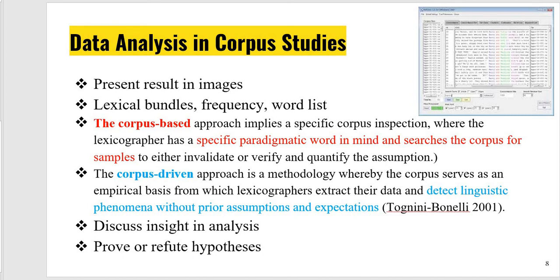In corpus studies, they usually follow two approaches, the corpus-based approach and the corpus-driven approach. The corpus-based approach implies a specific corpus inspection where the lexicographer has a specific paradigmatic word in mind and searches the corpus for samples to either invalidate or verify and quantify the assumption. The person takes one word.